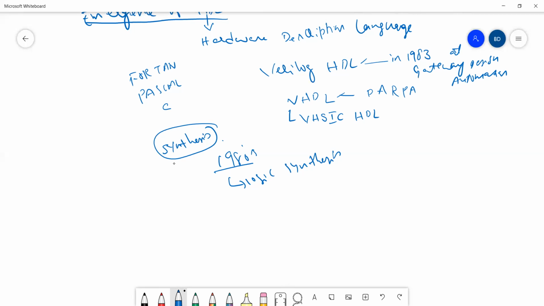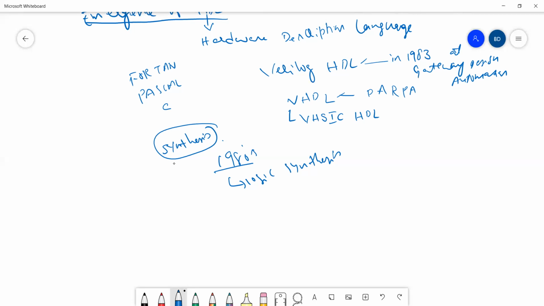Therefore, logic synthesis pushed HDLs to the forefront of digital design. Designers no longer had to manually place gates to build circuits, and by using HDLs they could describe complex circuits in terms of functionality and data flow.